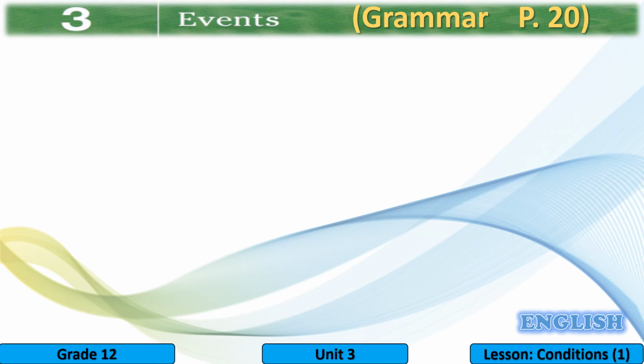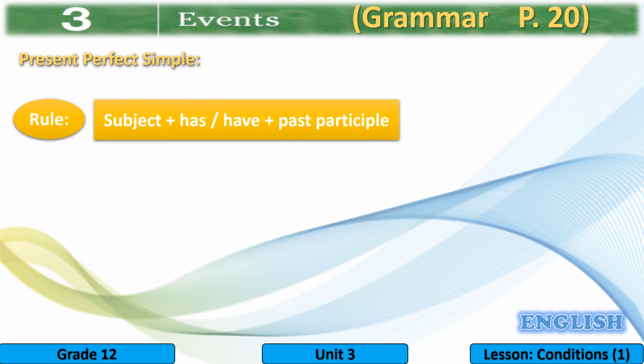Now let's talk in detail about the present perfect simple. The rule, we need a subject. Sometimes the subject is a noun, other times it's a pronoun.